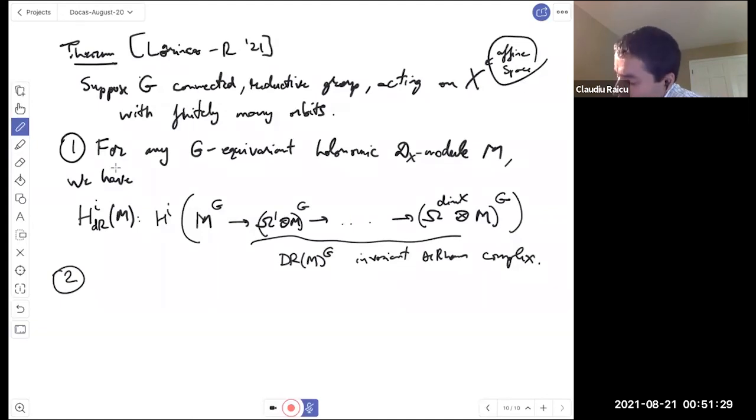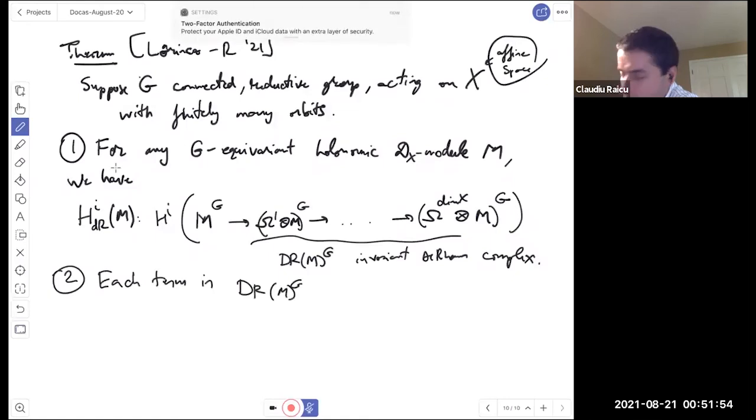Okay, but the more interesting case is, so we know that whatever we're going to get at the end, the de Rham cohomology groups are going to be finite dimensional vector spaces. But the more interesting fact here is that each of the terms in this invariant de Rham complex is actually going to be a finite dimensional vector space.